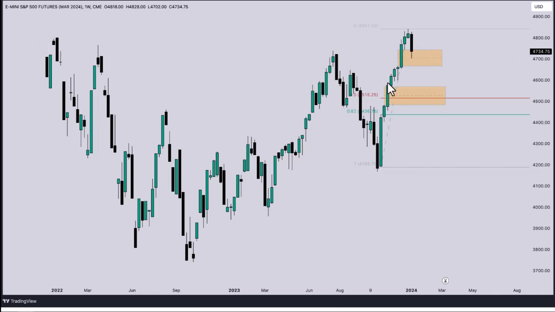I just removed it. I've run a fib from the lowest point of this run of green candles all the way to the highest point, equilibrium right here. We can tell that there's two fair value gaps in there.